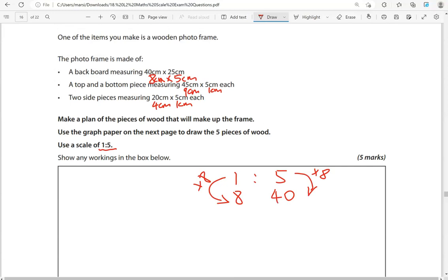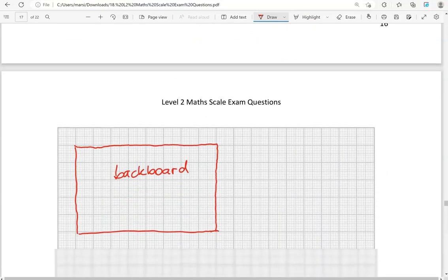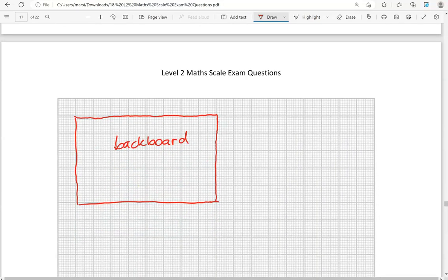Then we have the top and the bottom piece measuring 9 centimeters by 1 centimeter, so that is 9 by 1. 1, 2, 3, 4, 5, 6, 7, 8, 9.